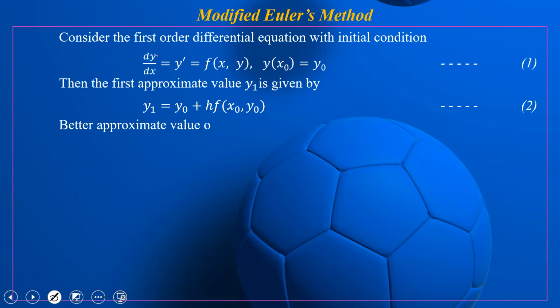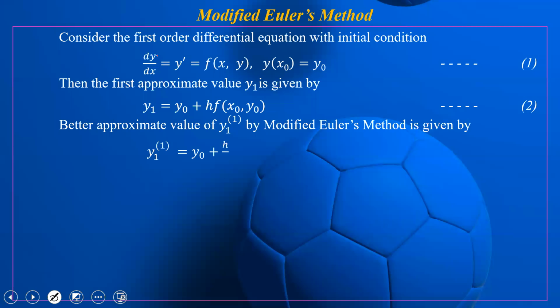Now a better approximate value of y1 by the modified Euler's method is given by y1 first iteration = y0 + h/2 times the sum of f(x0, y0) and f(x1, y1).